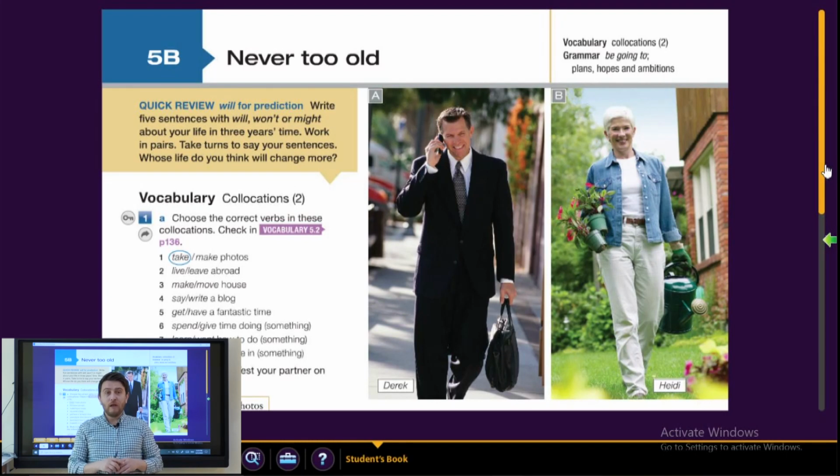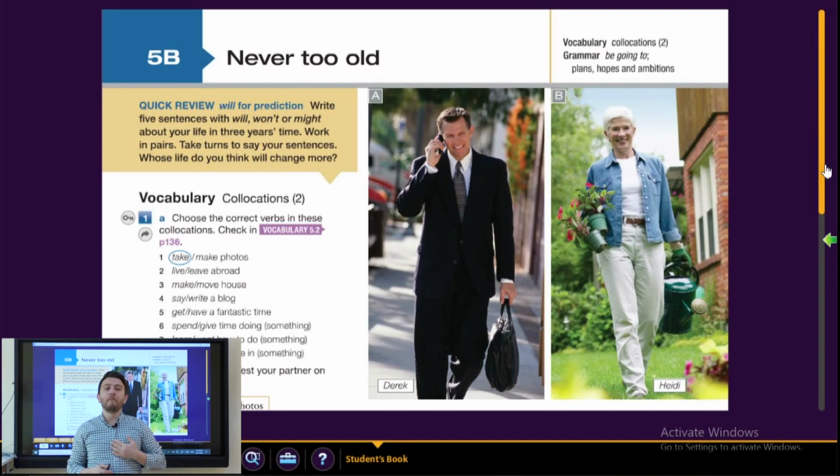As you know, people usually retire after the age of 55, women at 55 and men usually at the age of 65. So, what are you going to do when you retire? What's your plan? What are your hopes and your ambitions? Ambition means a strong wish to achieve something, to succeed.